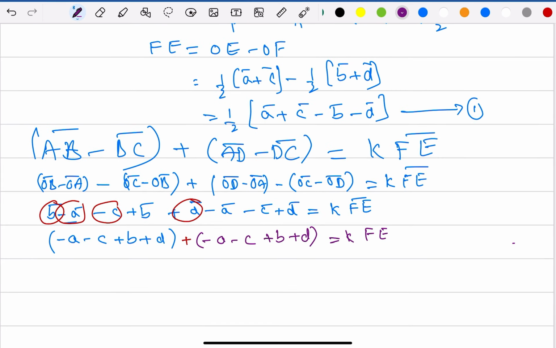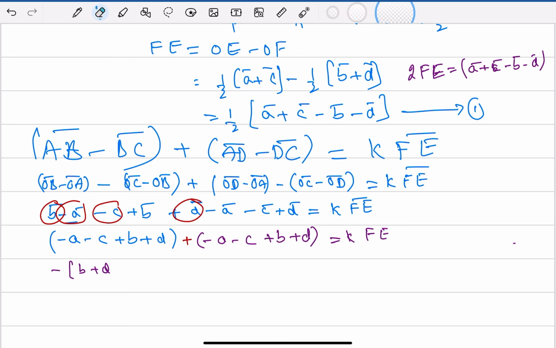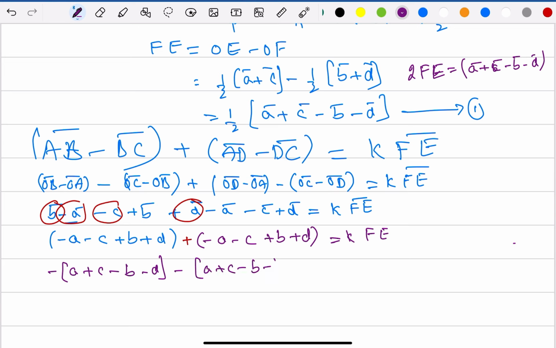So from equation number 1, 2FE is equal to A vector plus C vector minus B vector minus D vector. If you take minus common here, B vector plus D vector, if you take minus common, A plus C minus B minus D, here also minus common, A plus C minus B minus D, that equals K FE.